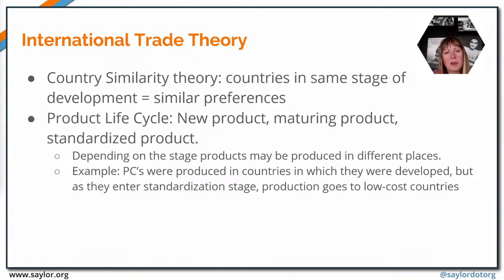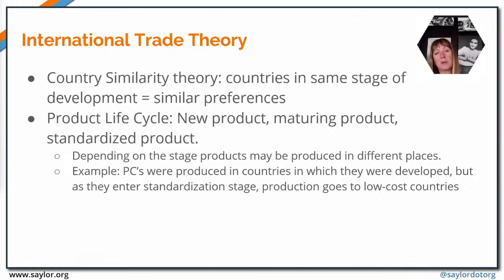As we look a little bit deeper at international trade, when we look at the country similarity theory and we have a strategy of going global, this theory says that we may choose a country to do business in that is in a similar stage of economic development as our own country. The reason for that is that people tend to have similar preferences.